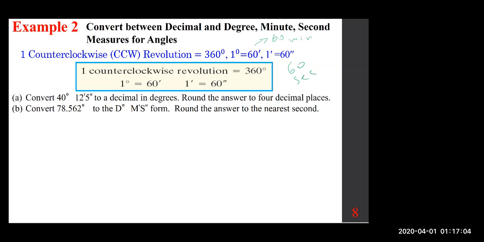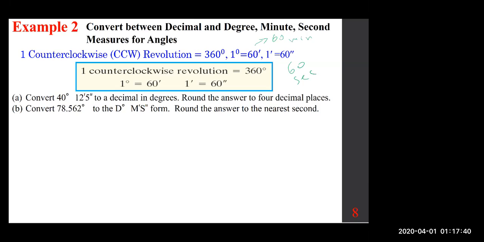So here's the way the transformation takes place. We know that 1 degree is 60 minutes, so it is the same as saying that 1 minute is 1 over 60 degrees. And 1 minute is 60 seconds, so a second is 1 over 60 times 1 over 60, which makes it 1 over 3,600 degrees.